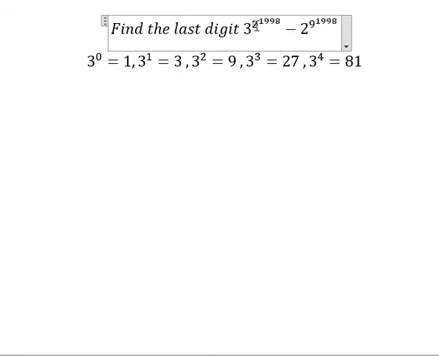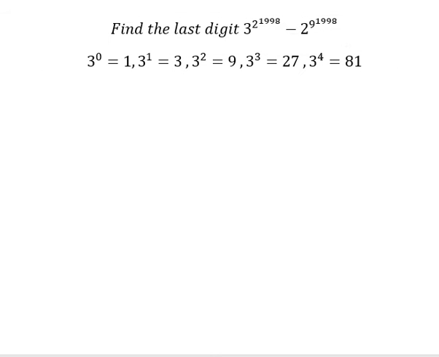So if we look carefully, the power 2 to the power of 1998, we know that this one can be divided by number 4, and number 4 is 2 to the power of 2, and we can simplify like this.